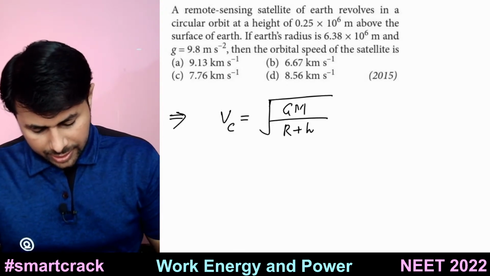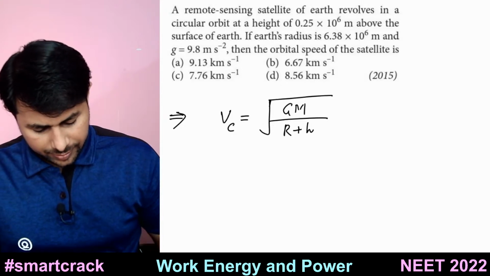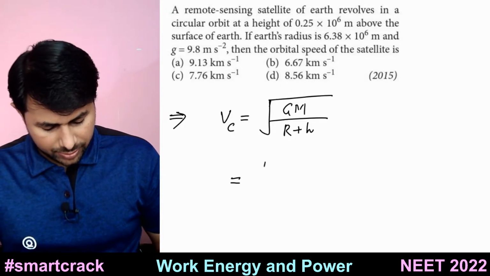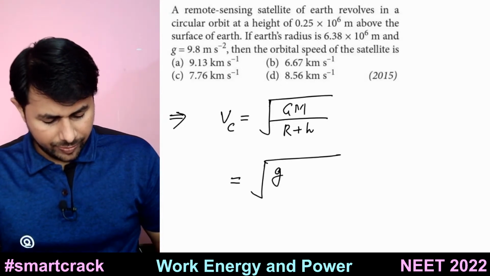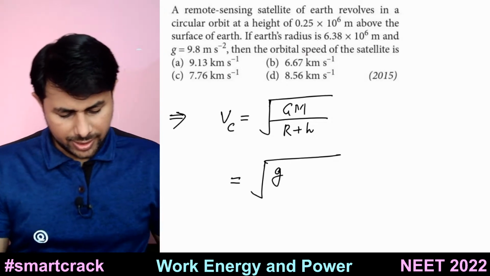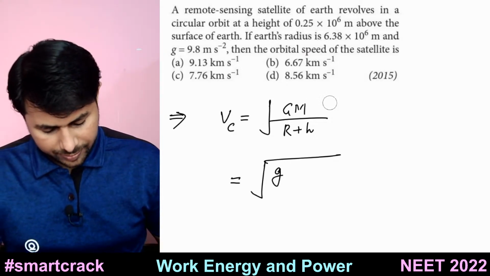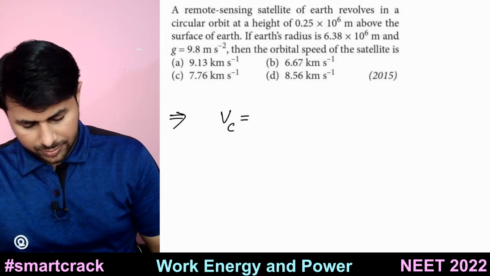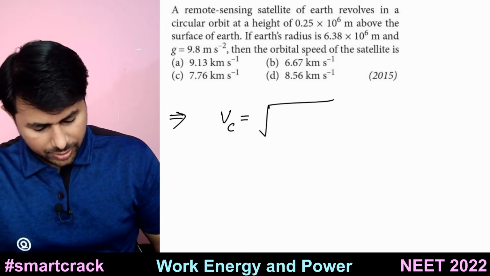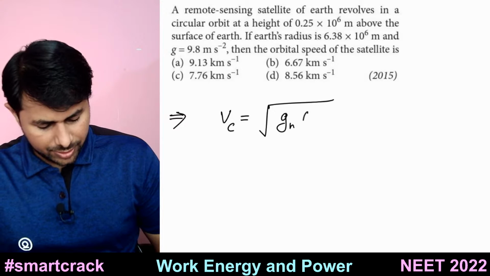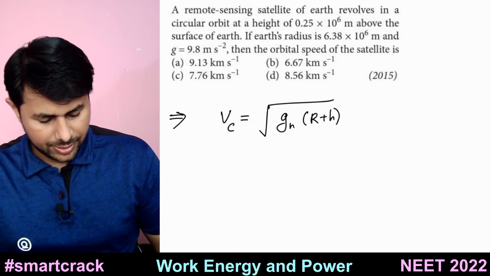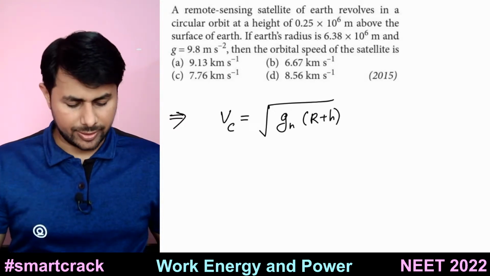So it is given in terms of G over here. Let's take another formula, the second formula. It is square root of g into R squared divided by (R plus h). Okay, let's take this formula.